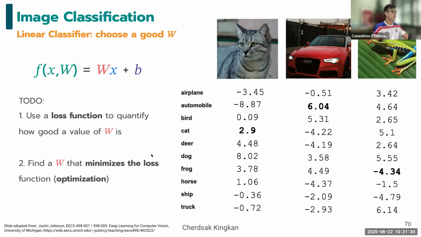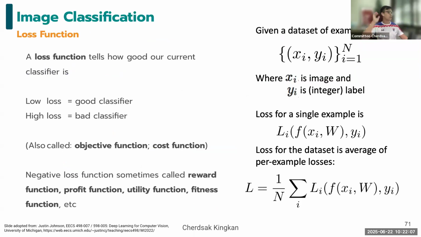So the question is, how can we choose a good value of W? To measure what is a good matrix W, first we have to use what we call a loss function to quantify how good a value of W is. Then we have to find the W that minimizes the loss function.